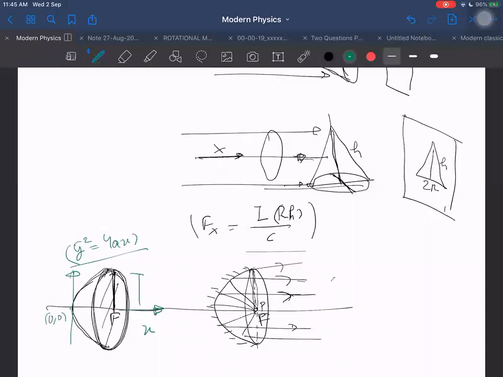So what will be the radius of this circle up to which this parabola extends? We can find it out because this is the focal length, which is a. If I put x equal to a, then I get y as 2a. It is 2a or not? Yes, sir, 2a only.